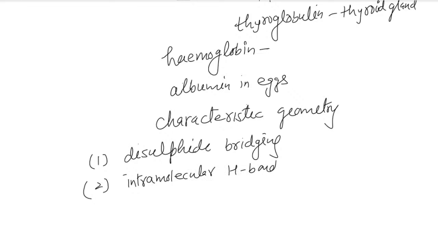In fibrous protein there is intermolecular hydrogen bonding, but in the case of globular proteins, because the chain is the same and hydrogen bonding is formed within it, that is intramolecular hydrogen bonding.